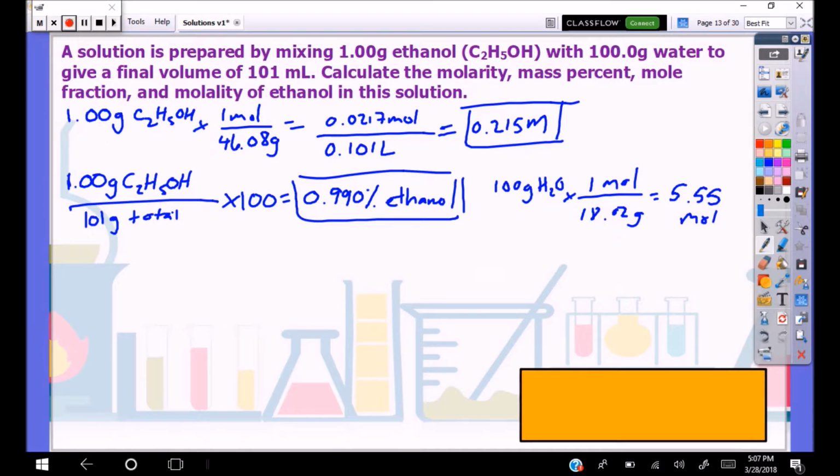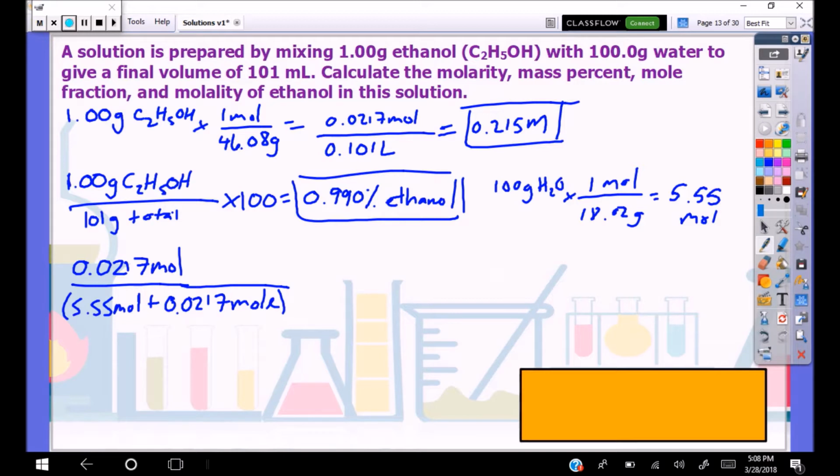So for my mole fraction, I'm going to need the moles of ethanol, so 0.0217 moles, divided by 5.55 moles plus 0.0217 moles. Okay. And I'll get a percentage of, it's not even a percentage, a decimal, 0.0389 would be my mole fraction there.